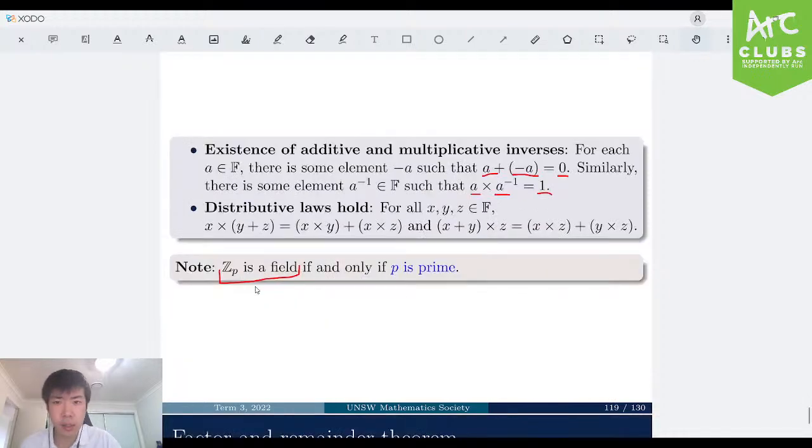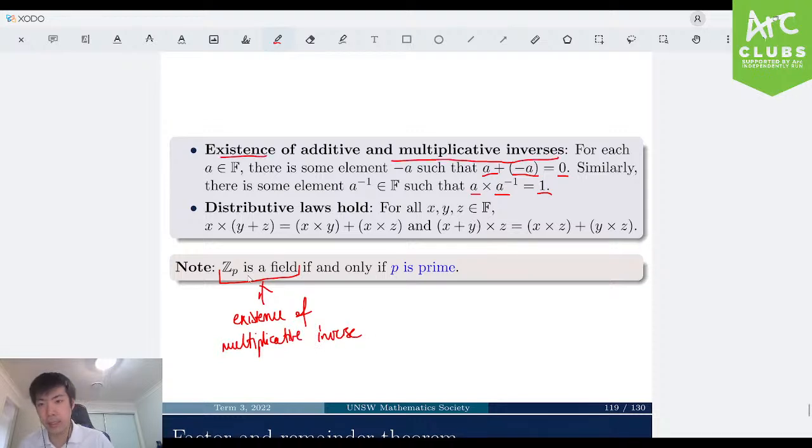The existence of a multiplicative inverse is the only condition that may cause an issue. But in the lectures, they showed that as long as P is prime, then this won't be a problem.